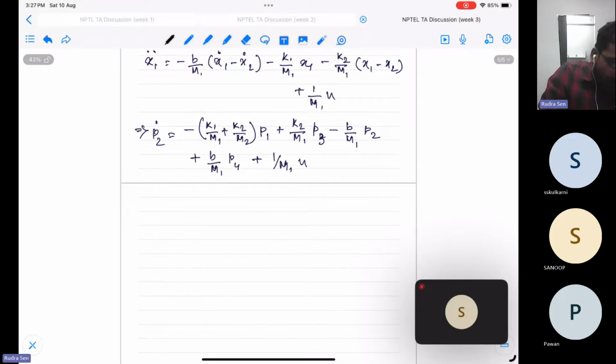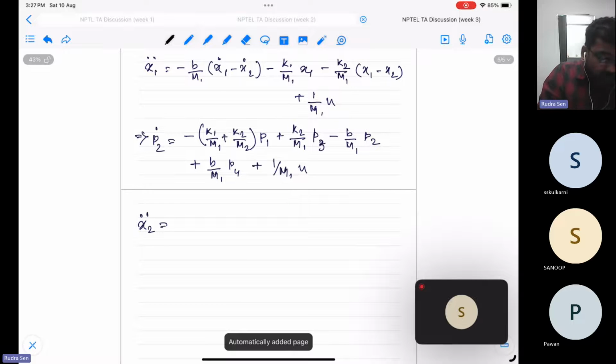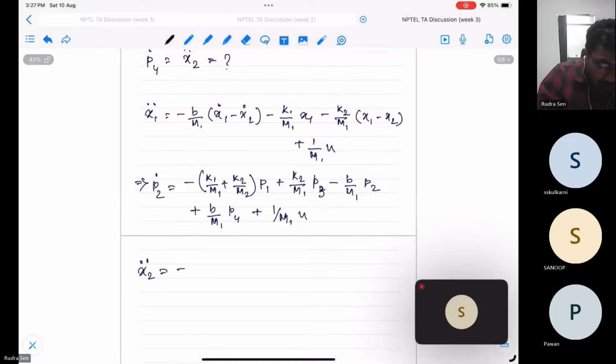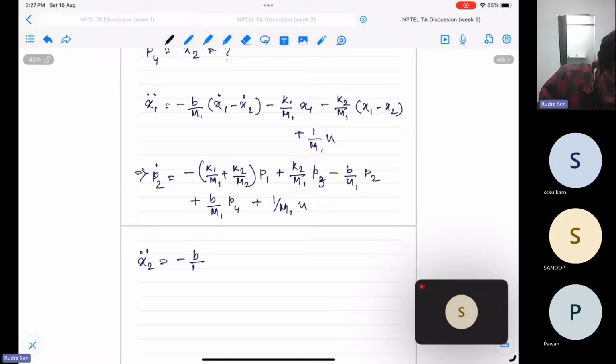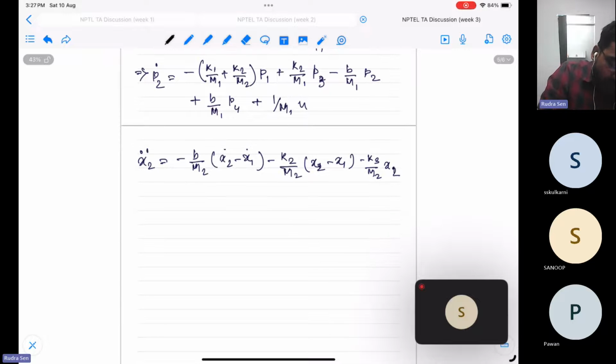Now similarly, the x2 double dot is minus b by m2 (x2 dot minus x1 dot) minus k2 by m2 (x2 minus x1) minus k3 by m2 x2.